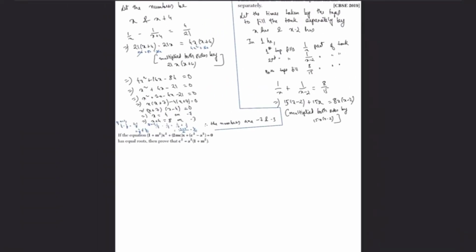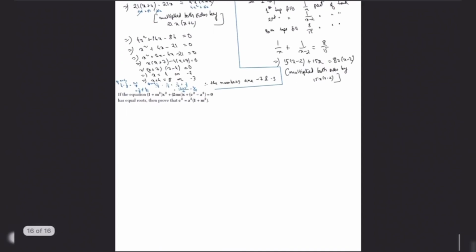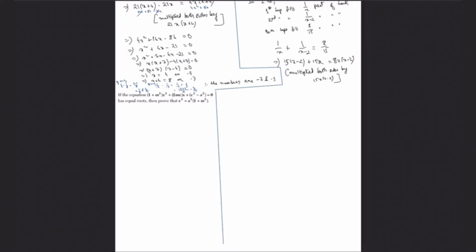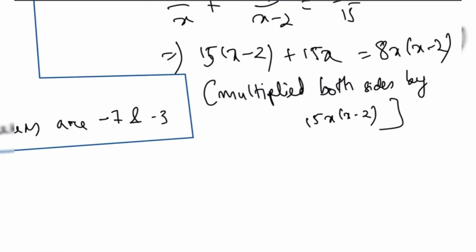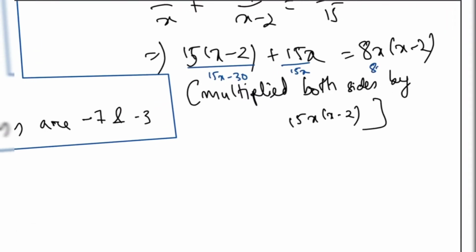Apparently we are going to need the whole of that screen space, so let me just mark it anyway. Okay, so let's see, what do we get from here? This is 15x minus 30, and there is another 15x here, and here we have 8x square minus 16x.